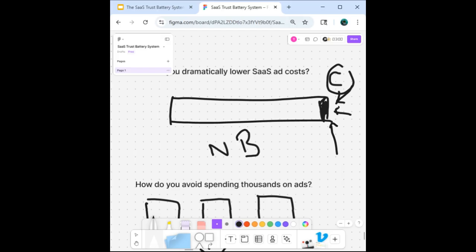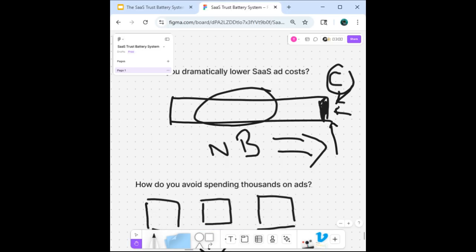Instead, you should be focusing on the 98% of customers right here who may be willing to buy in the future but are not willing to buy right now. You want to nurture these customers from non buyers and get them over here to the section where they're willing to buy. This will dramatically lower your ad costs for your SaaS.